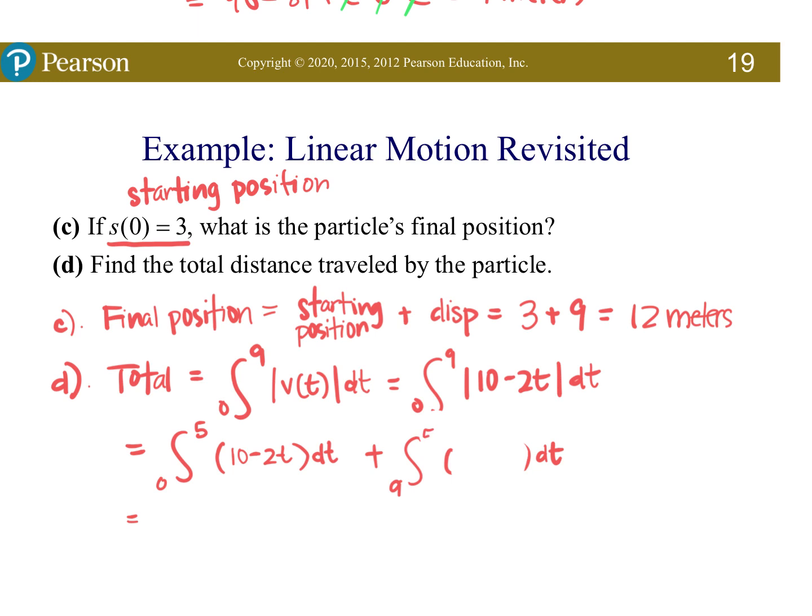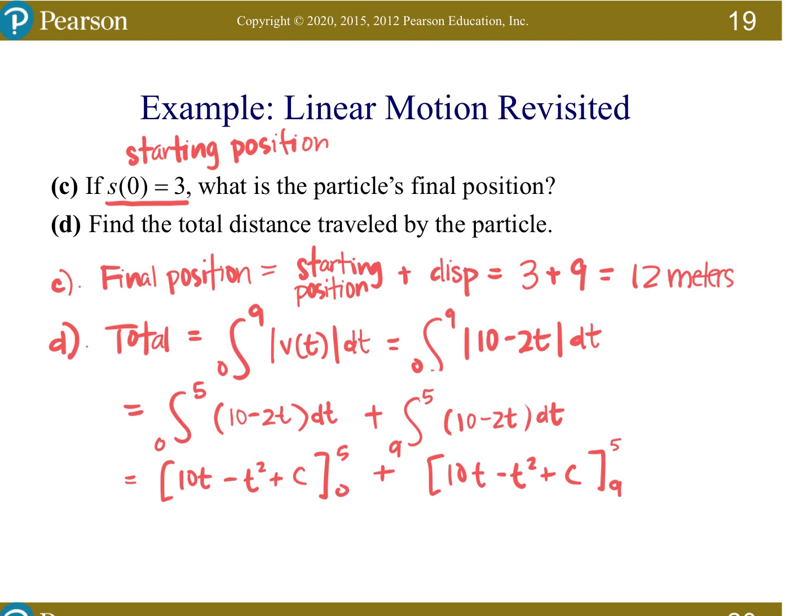I'm going to go 9 to 5, and I'm going to keep it 10 minus 2t. So my antiderivative, 10t minus t squared plus c, that one goes 0 to 5. And the same antiderivative, 10t minus t squared plus c, that one's got to go 9 to 5. So it is totally up to you, the method of how you want to do that. Just make sure you account for it somehow.